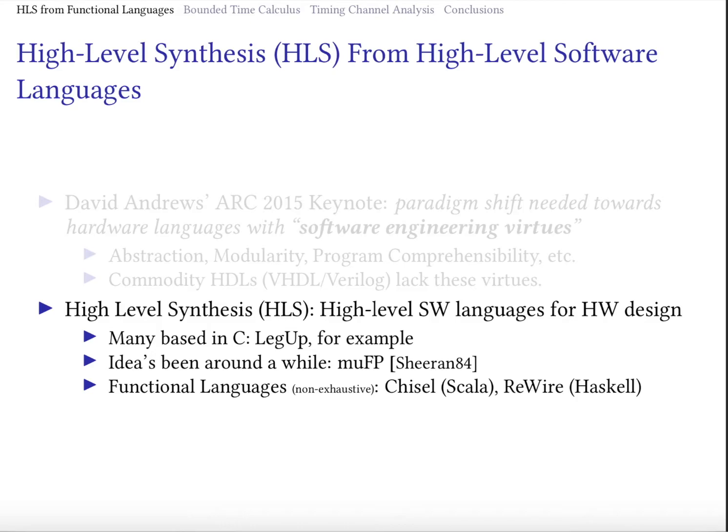So way back in 1984, Mary Sheeran did a lot of work on some basic functional language to hardware compilers. And there are currently a number of efforts on using functional languages as a basis for HLS. So you may have heard of Chisel, which is based in the Scala language, and then our own tool, Rewire, which is based in Haskell.